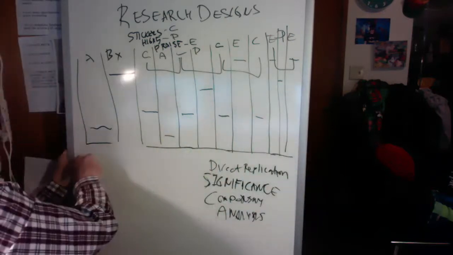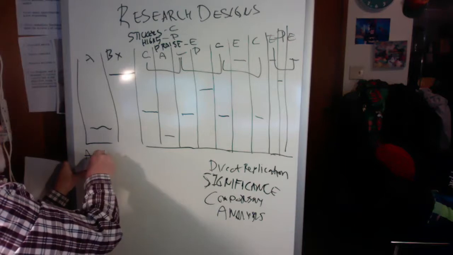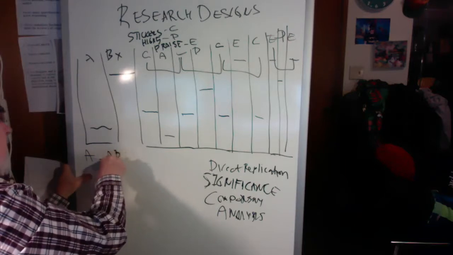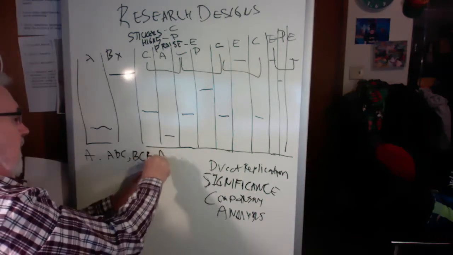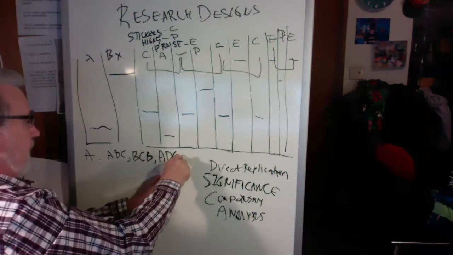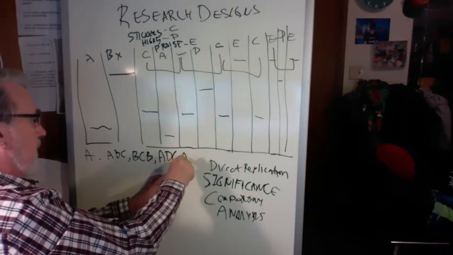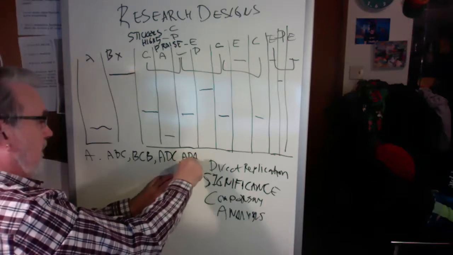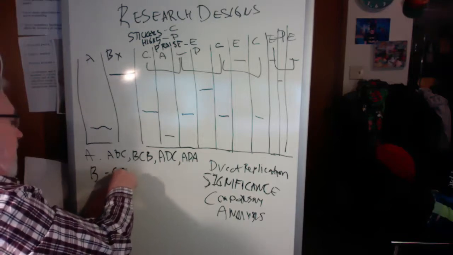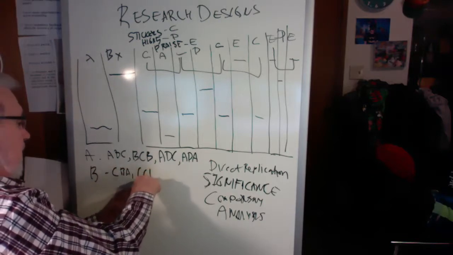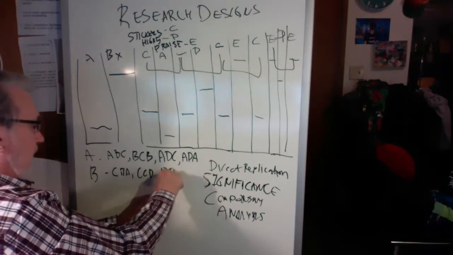And what they give you is, for option A, something like ABC, BCB, ADC, and ADA. And for B, they give you the choice of CBA, CCD, DCD.